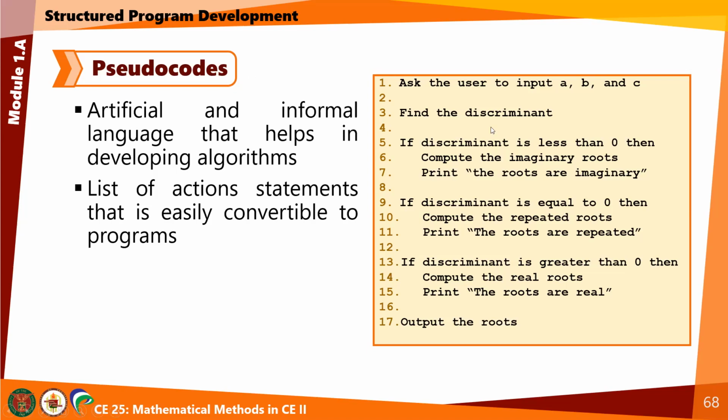You type your program, but instead of using the C language, you use your own language, be it English, be it Filipino, as long as you can understand it. So for example, this one: ask the user to input A, B, and C, and then find the discriminant. So very human-like yung language. Human language talaga yung ginagamit for a pseudocode.